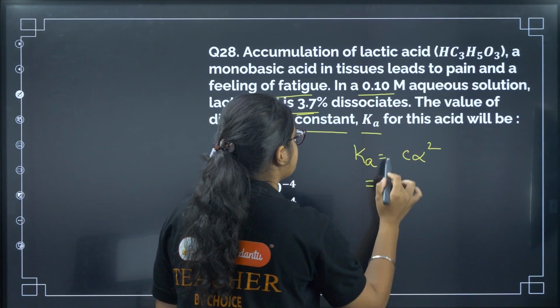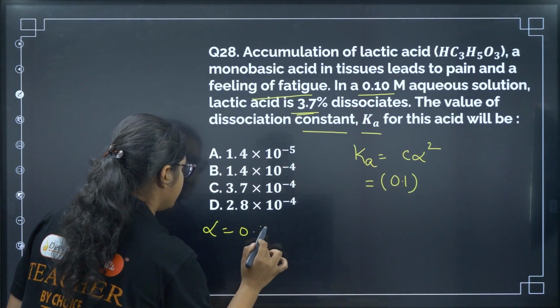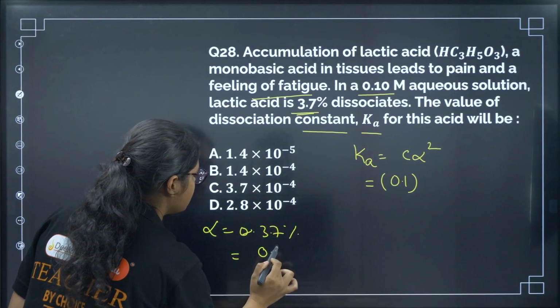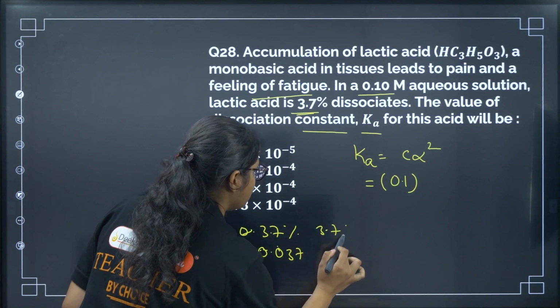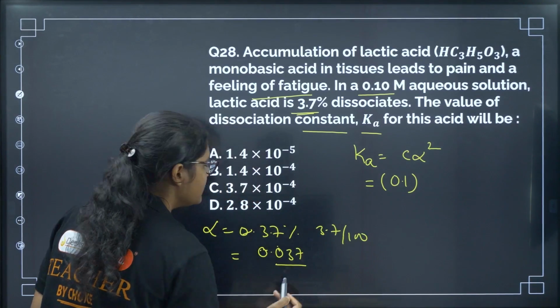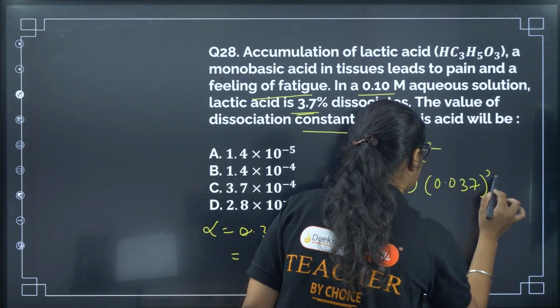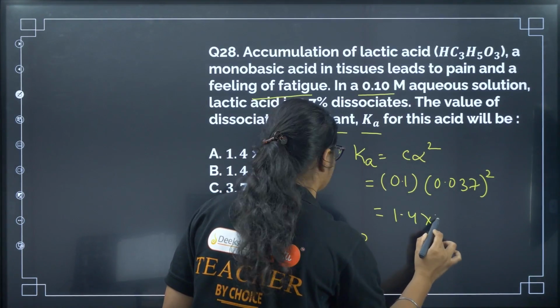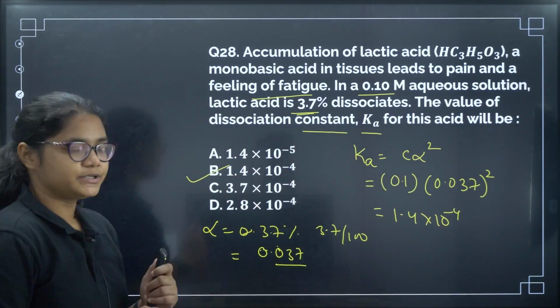The C value is given as 0.1 and alpha is 3.7%, that means 0.037, that is 3.7 by 100. Now if you multiply it, the value will be around 1.4 into 10 to the power of minus 4. The correct answer for this question will be option number B.